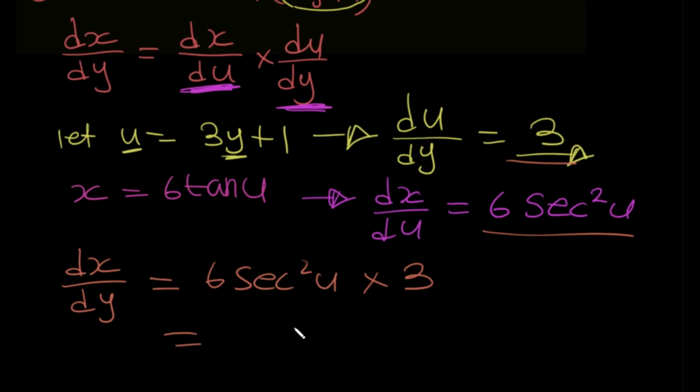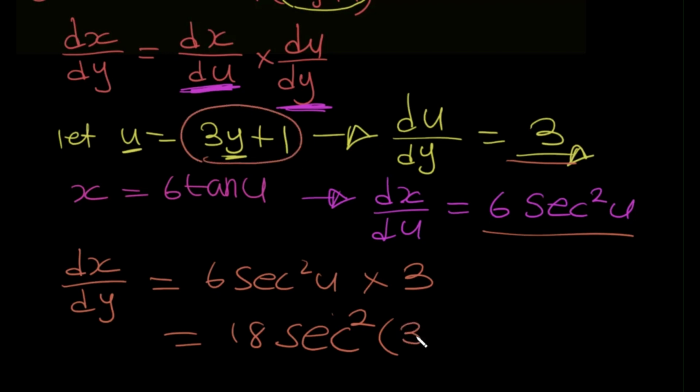That eventually becomes 3 multiplied by 6, that is 18 sec squared. What is u? Remember, we defined u as 3y plus 1. So this becomes 18 sec squared (3y plus 1). And this is our final answer.